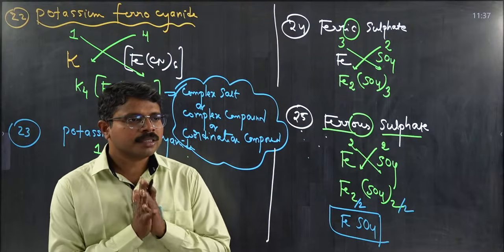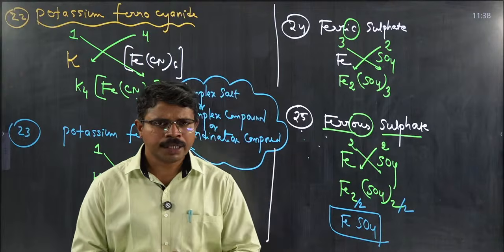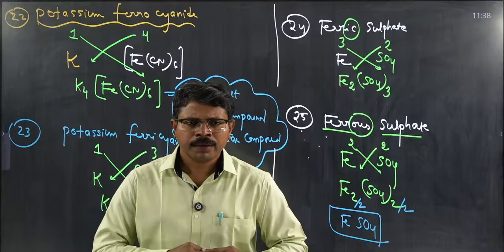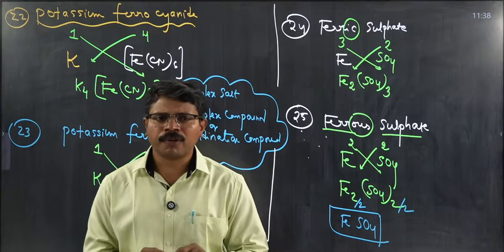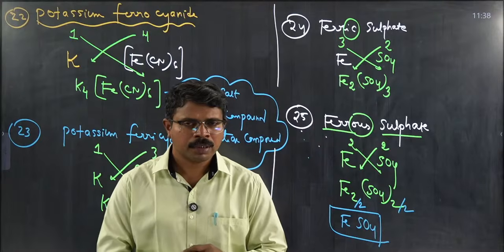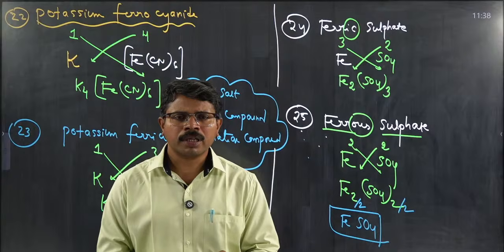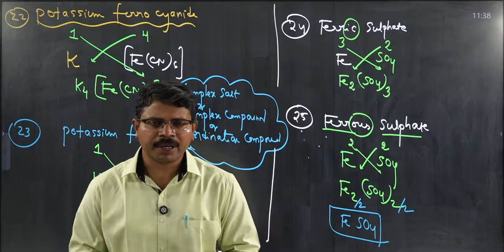Yes, my dear students, with this I just wanted to close for today's class. In today's class, mainly we have written the formulae of some important compounds. So with this, we can conclude the basic inorganic nomenclature.